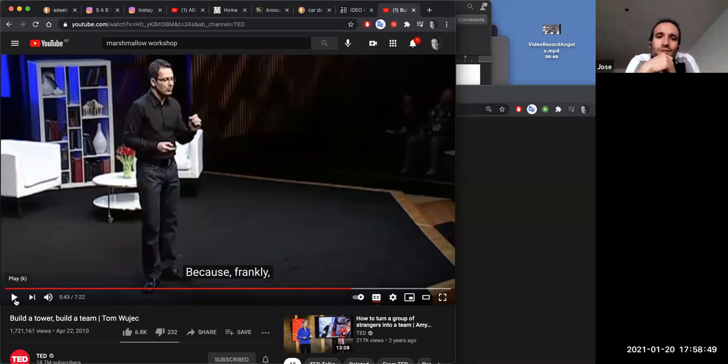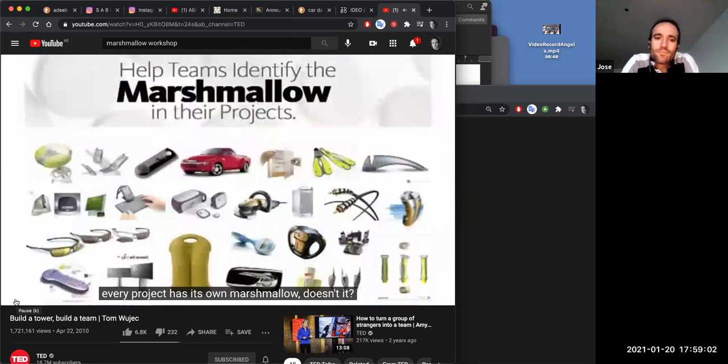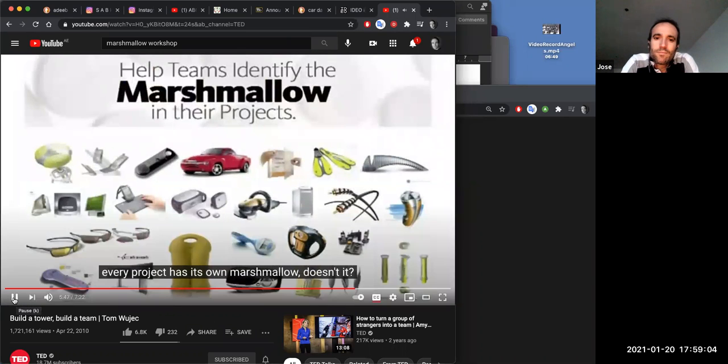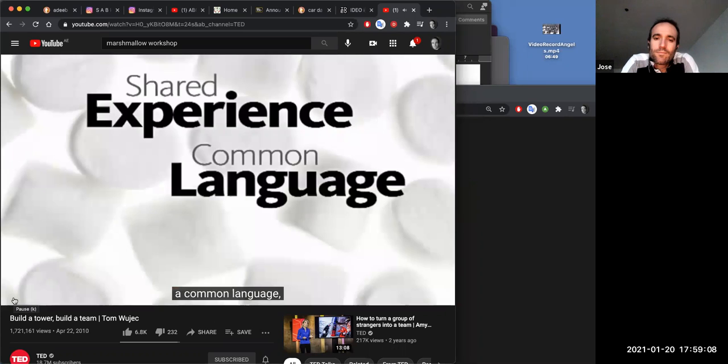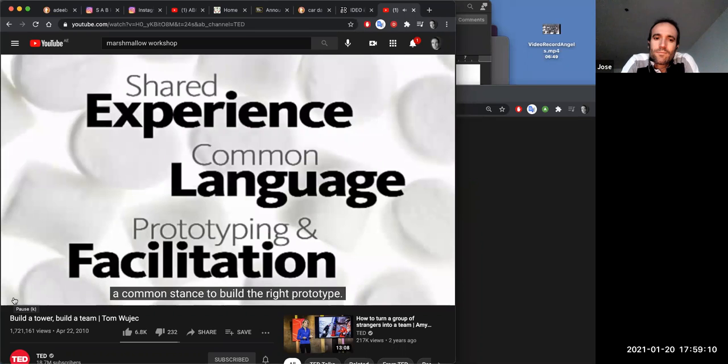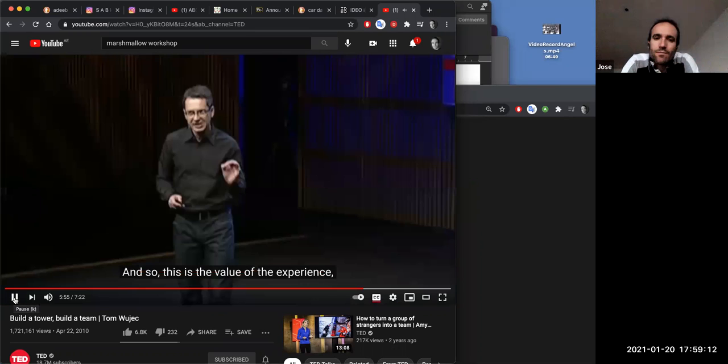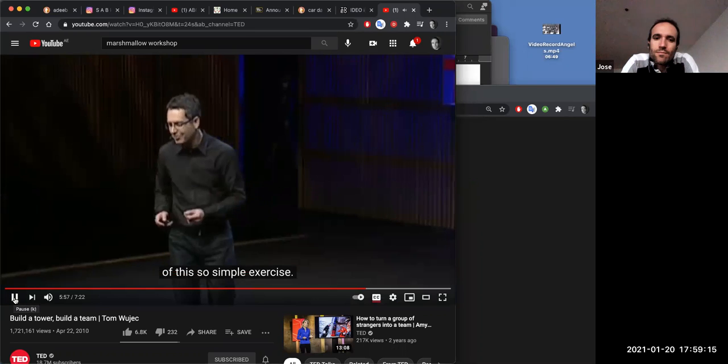What was the assumption? Anybody? Because frankly, every project has its own marshmallow, doesn't it? The challenge provides a shared experience, a common language, a common stance to build the right prototype. And so this is the value of the experience of this so simple exercise.